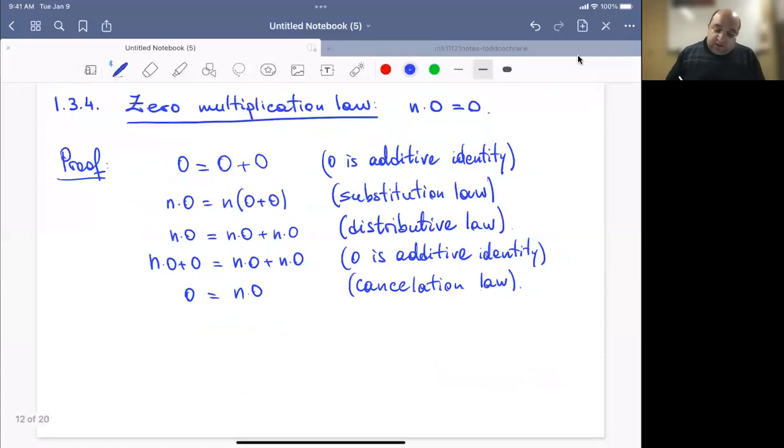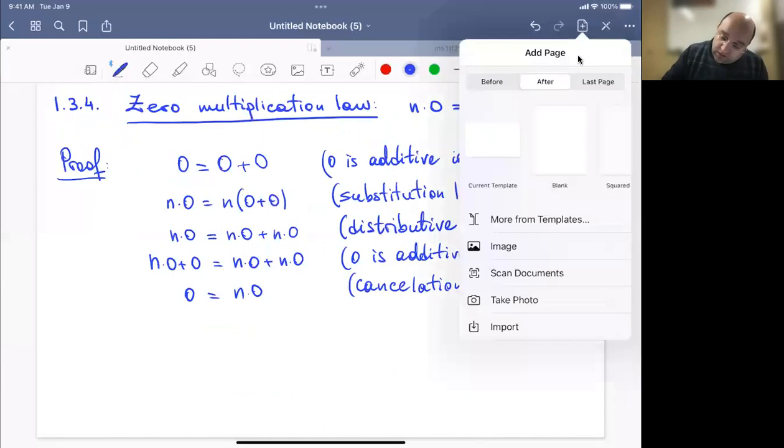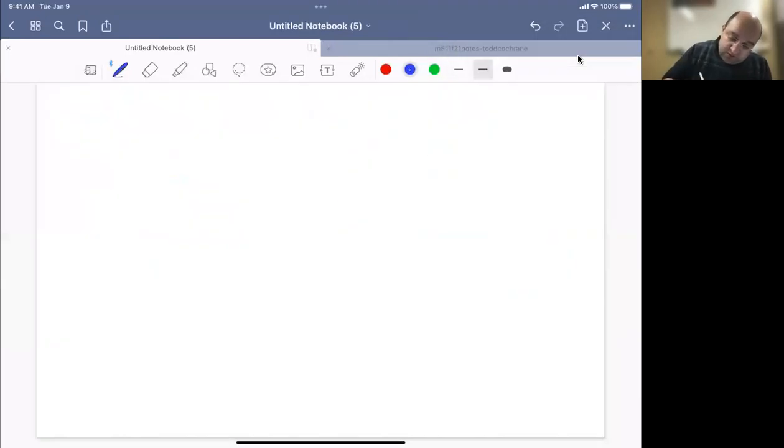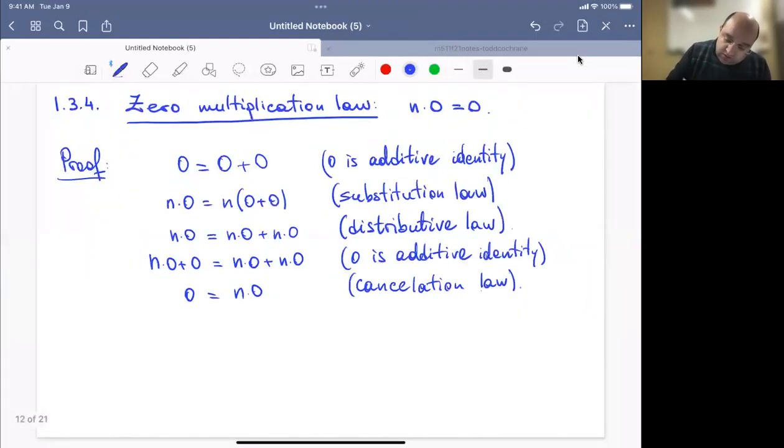Okay, so let's do the next example. The next property of the integers is what's called the zero multiplication law. So let me start a new page and copy here what we want to show.